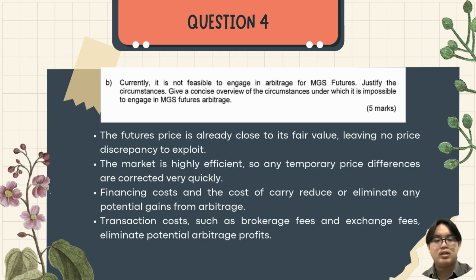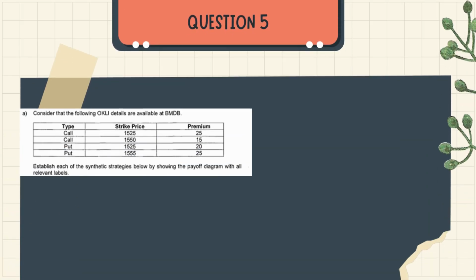Lastly, transaction costs such as brokerage fees and exchange fees also reduce profit. Even if a small opportunity exists, these costs will eliminate it. In conclusion, arbitrage is not feasible when prices are efficient, closely aligned with fair value, and when costs outweigh any potential gain.